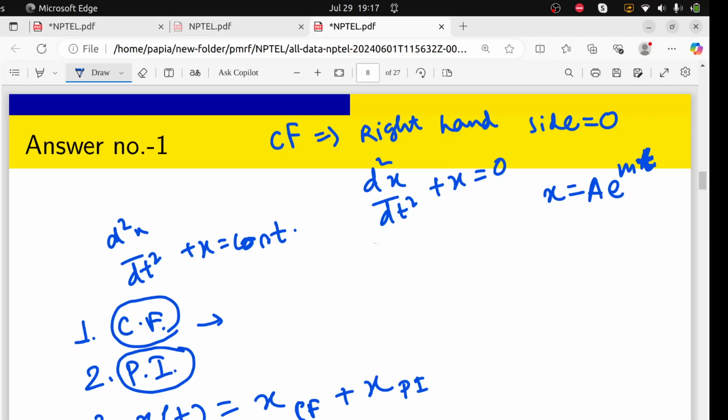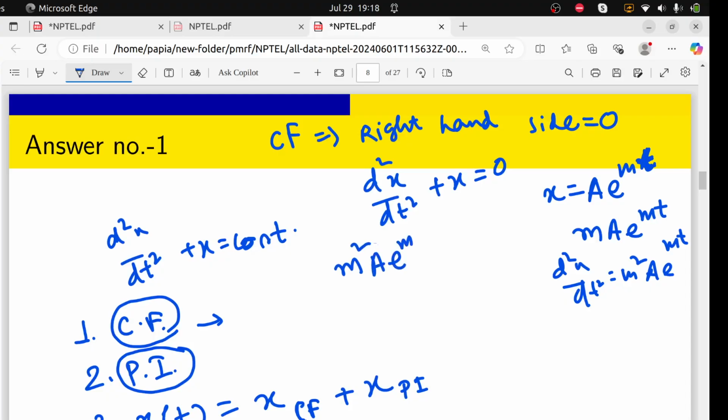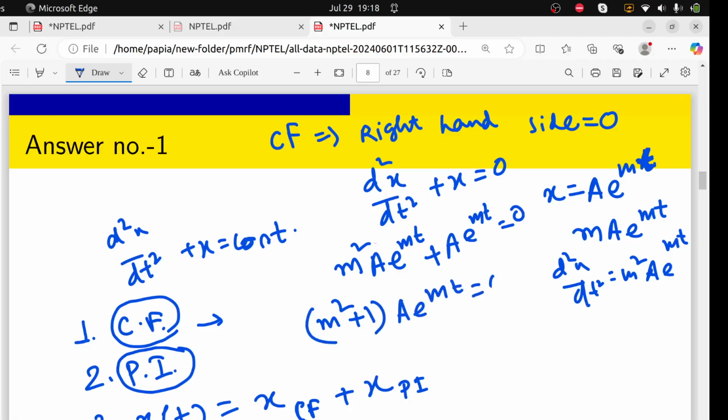So dx/dt is how much? m a e to the power mt. Now d2x/dt2 will be m square a e to the power mt. So I can write m square a e to the power mt plus a e to the power mt equals 0. Now I can write (m square plus 1) a e to the power mt equals 0.